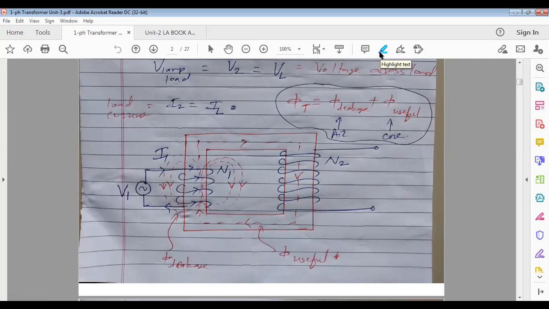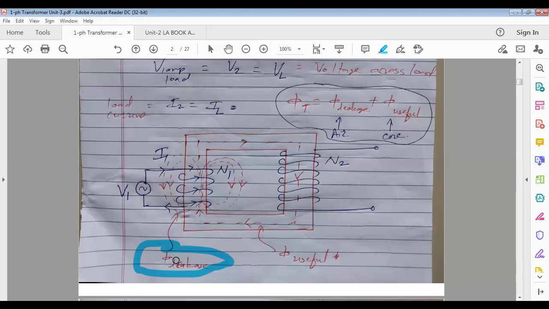Now see here, for the working principle and all the things we are going to see, we are going to assume no leakage flux is there. In the books you will find one term, ideal transformer, and another term, practical transformer. Every transformer is a practical transformer. None of the transformers can be ideal.